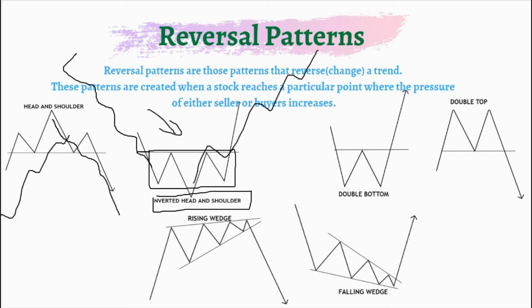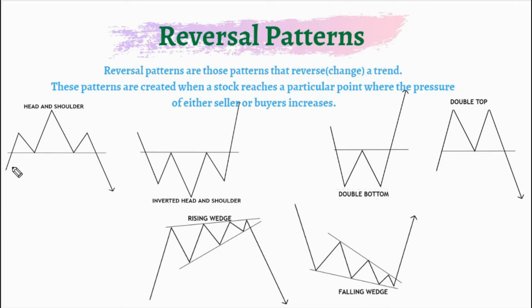Okay, so see how a head and shoulder pattern forms. See, prices were in an uptrend, then what happened after this swing high, the market couldn't break the last swing high.